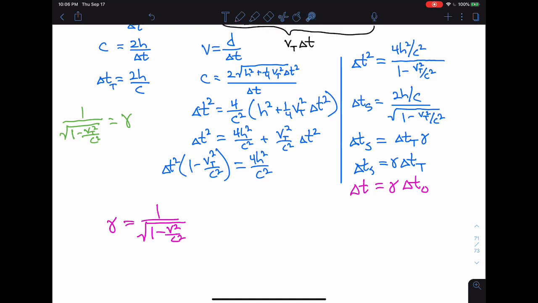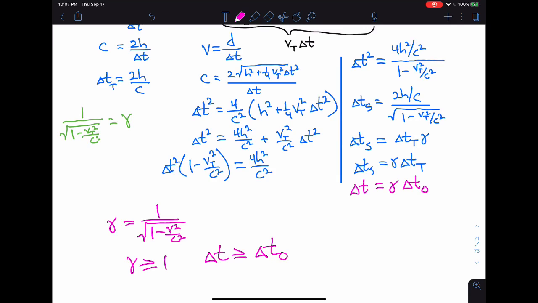As v increases, you're going to be doing 1 minus some value, and so consequently, this whole thing is going to be a number less than 1. 1 divided by a number less than 1 is greater than 1, so that means gamma is greater than or equal to 1. This defines the range for gamma. Since that's how gamma is, and since we have this relationship here, that means delta t is greater than or equal to delta t naught.